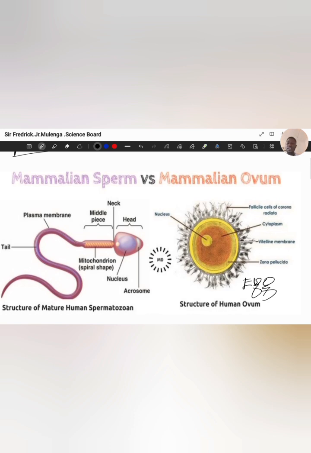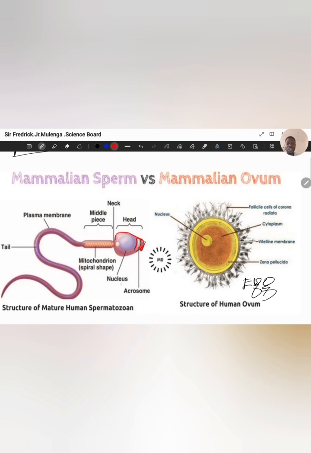So as you can see, the sperm has got the head. This head contains a nucleus inside, probably a large nucleus, and it has a sharp head on the edges there, which we are calling an acrosome.